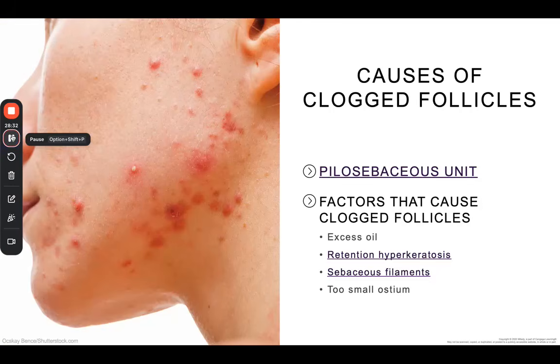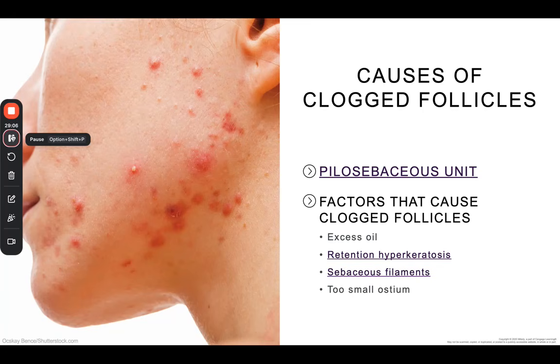So what causes clogged follicles? Acne is something your clients may have to deal with throughout their lives in various stages. It's important for you to understand the causes of acne and treatments to better serve your clients. Clogged follicles are basically caused by many factors, including excess oil, retention hyperkeratosis, meaning retaining dead skin, and also by sebaceous filament, so basically oil that's stuck in the pores.